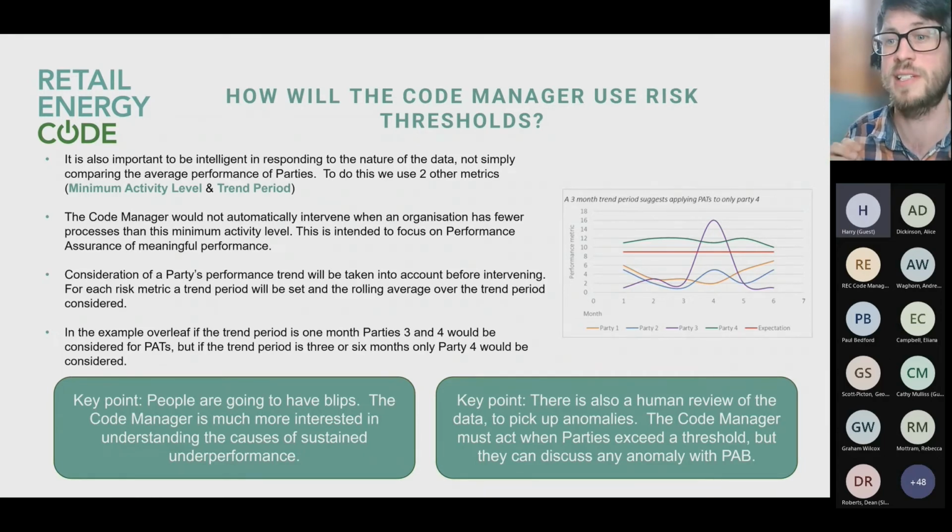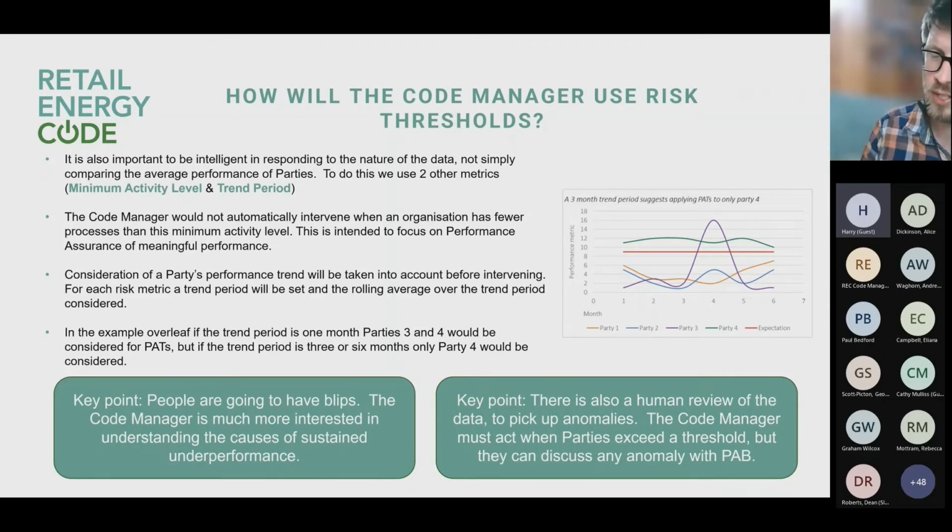It is fundamentally a control to prevent the code manager going off on every single blip of data and asking lots of queries and generating lots of work when actually parties are empowered to address these problems without our intervention. So hopefully we've got a clear example that shows how this thought process would work.